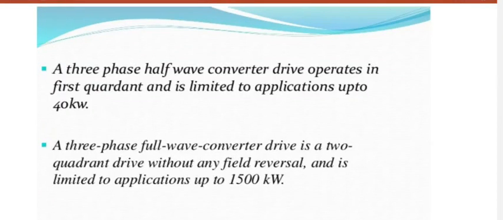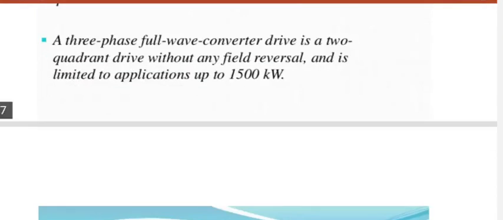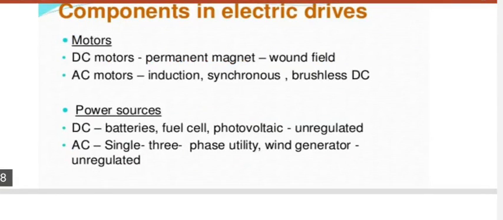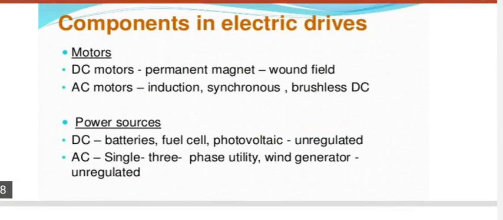This is a word called chopper, which essentially means power modulator. It takes the three-phase input and produces a desired AC output. Don't worry too much about it, just know the name for this converter, which is in industry known as chopper. We have seen all this, which motor has what varieties.